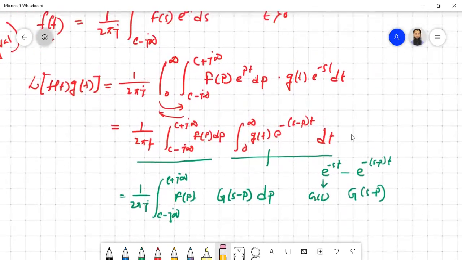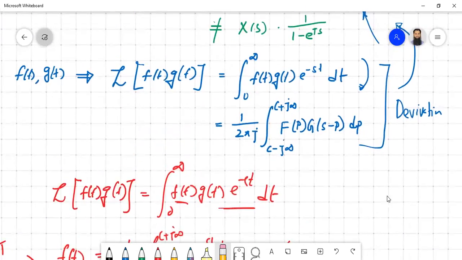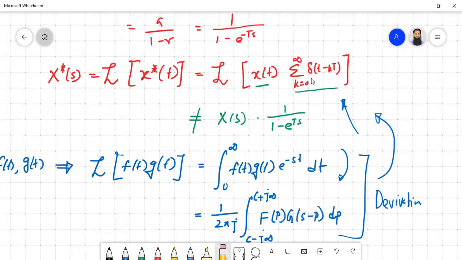Now, using this formula, we had two functions: one is x(t) and the other is the summation of k equal to 0 to infinity of delta(t minus kT). This is our one function, which we can assume is our f(t), and this is our other function, which we can assume is our g(t).